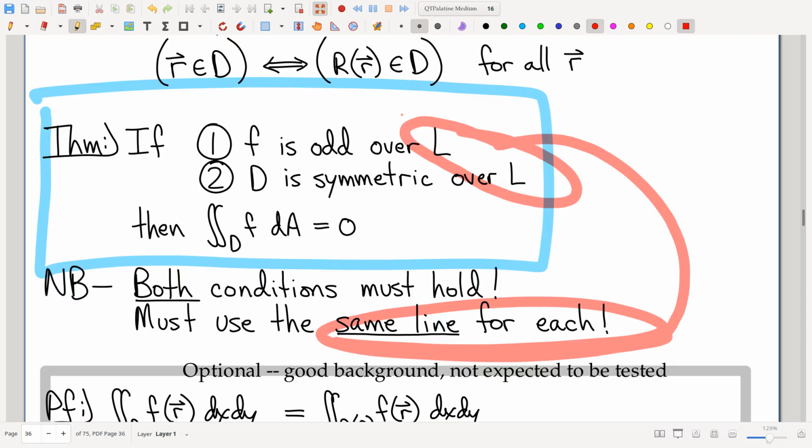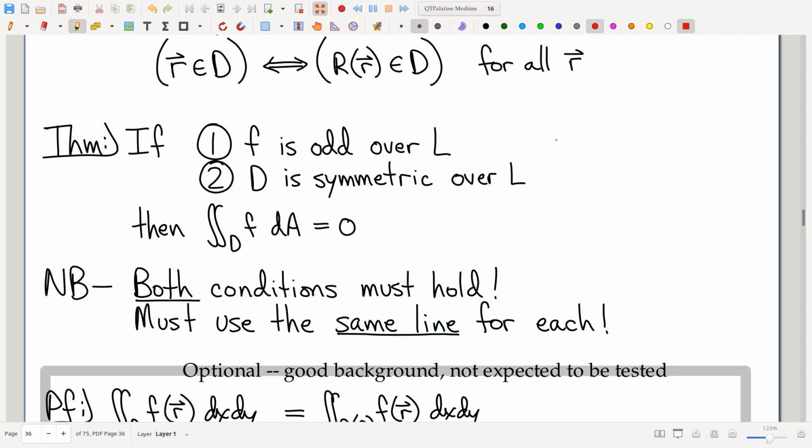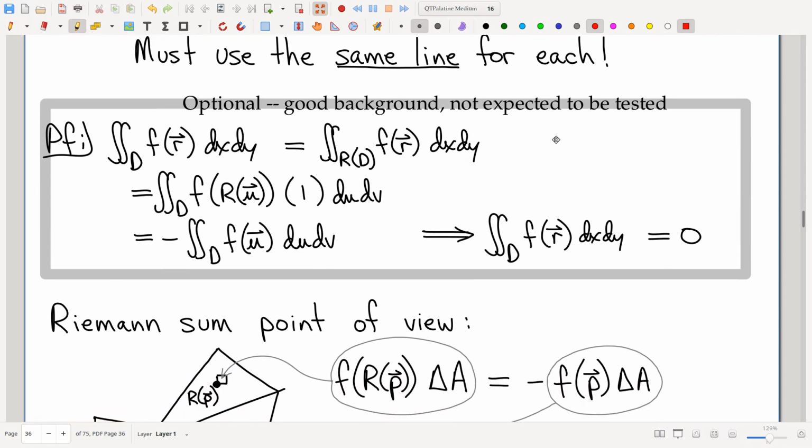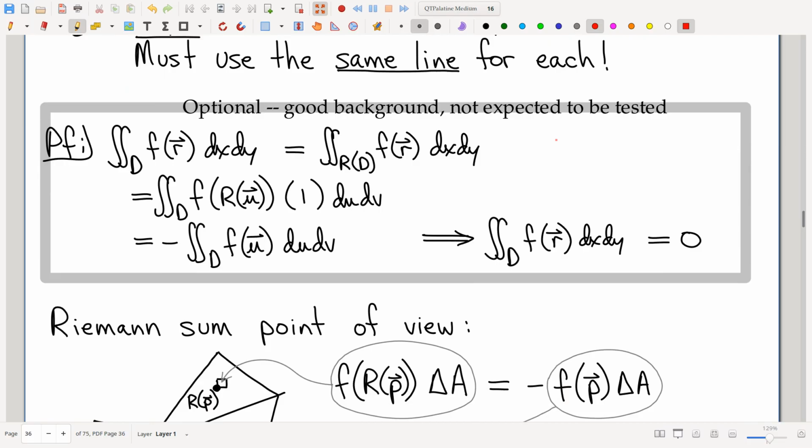So let's try to see why this theorem works. And you can even kind of guess the arguments I'm going to make. What I have here is a copy paste of the single variable argument we made previously. It's now double integrals instead of single integrals, and it's dx dy instead of just dx. But same basic idea. If it's symmetric, then the domain is its own reflection.